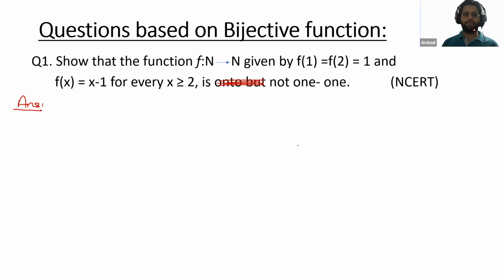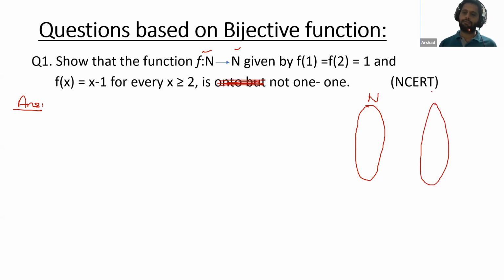Please check here. Here the function is from N to N, that is from natural numbers to natural numbers. This is the last question, then we will end our class. So this is N and this is N. Now here we will write all the natural numbers.